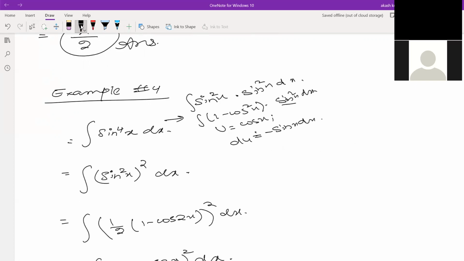But here we have sine square x. Even if it was sine cube x, it would have been much easier to solve. Now I have the derivative of the function, but there is an additional sine x as well, which I can't eliminate. So there isn't any way to apply this identity, 1 minus cos square x. The only other way to solve this question is by using the double angle formula.